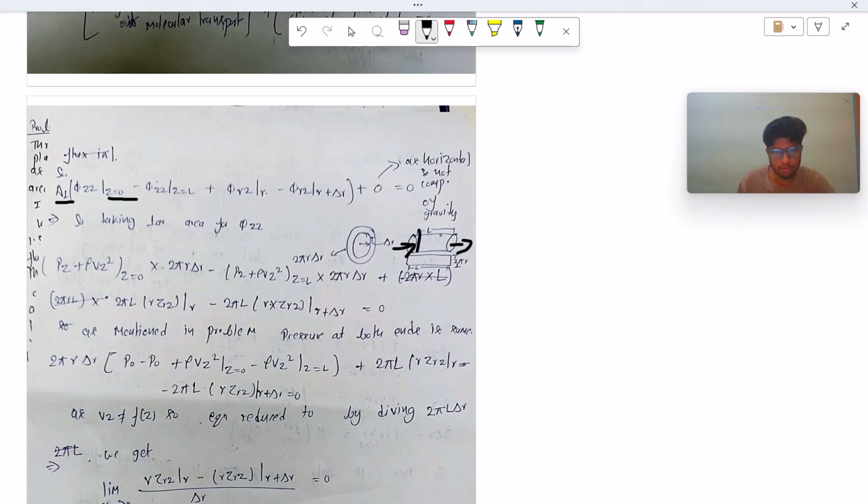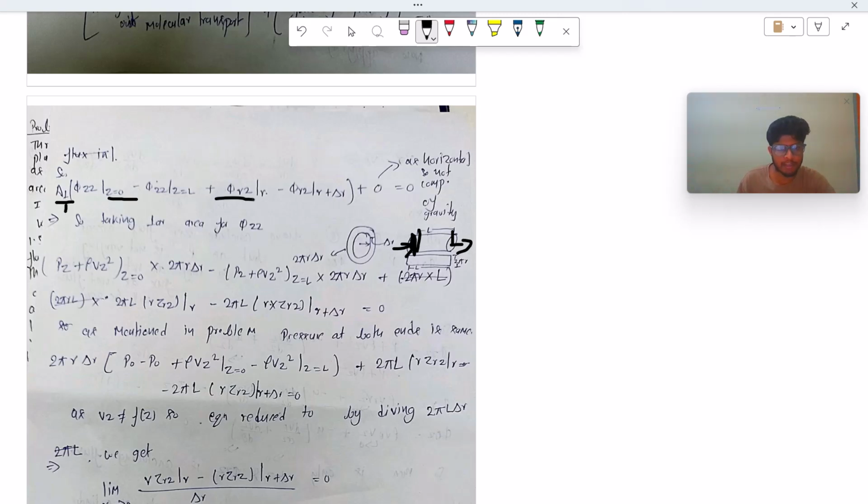At z equal to 0 and at z equal to L, the area perpendicular to this component, this circle, is equal to 2 pi r into delta r.